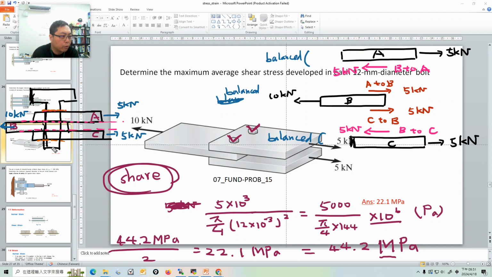In this problem we only have this one area, A. But right now we have two bolts, so that means we have double the area, so we have to divide by two.